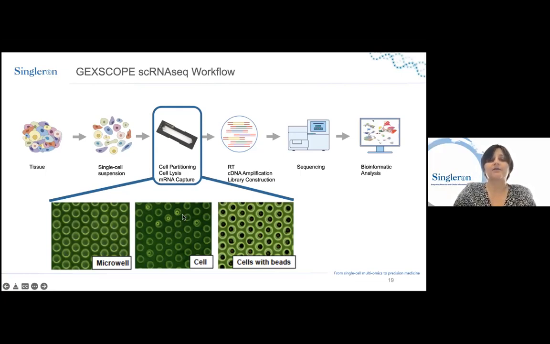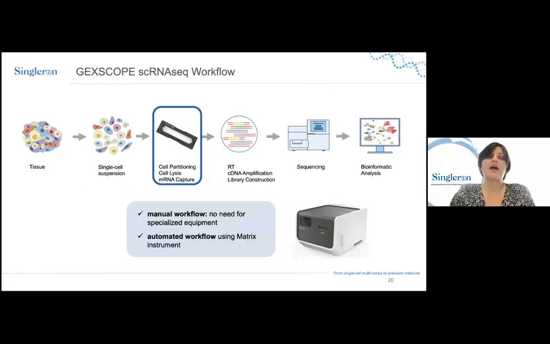In the middle part of this green image, you can see individual cells occupying microwells on the chip. And on the picture on the right, you can see the single cells as well as barcoding beads occupying individual microwells. So once this partitioning of the cells and barcoding beads happens, the cell lysis takes place and the mRNA is being captured on the barcoding beads.